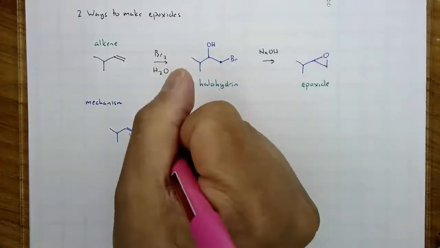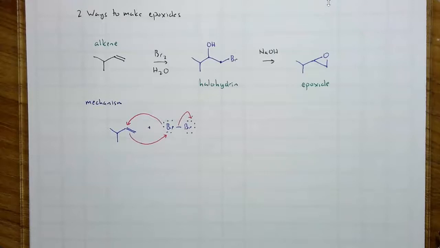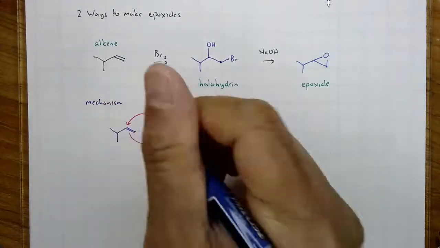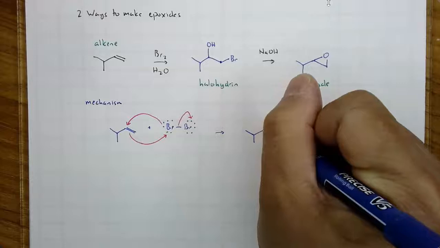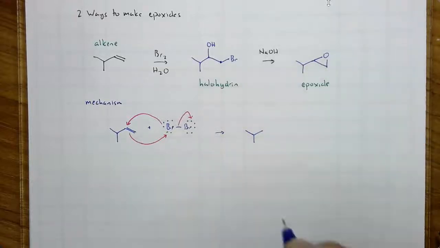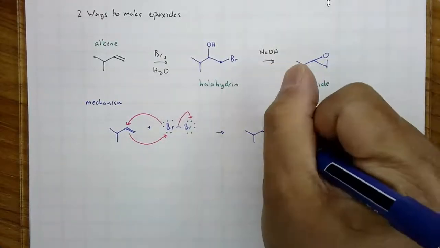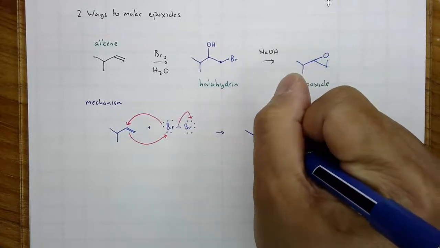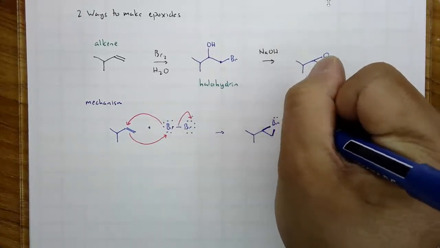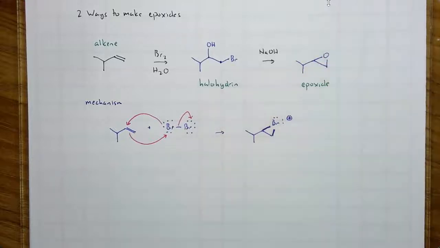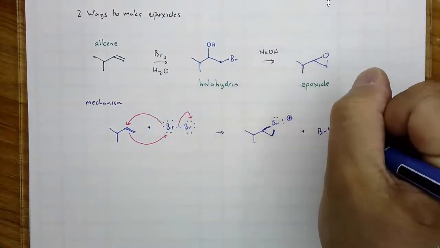Okay, but then the weird thing is that this lone pair attacks back, typically the more substituted carbon, and we get this. And actually, maybe we could use some stereochemistry. So, for instance, let's say this is both wedge, and this bromine now is positive. We did create a Br minus, but we're not going to use that as the attacker.